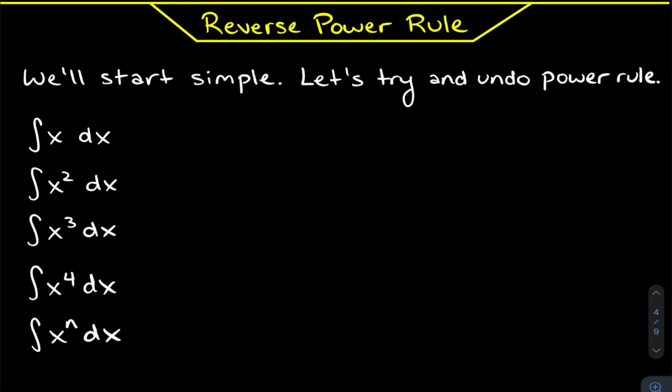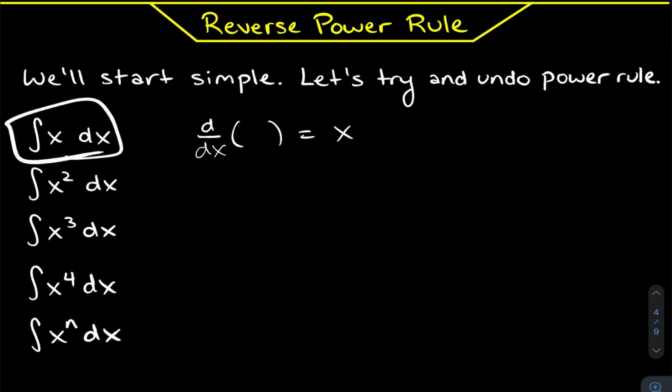What that means, again, is that we are trying to reverse the derivative that's been done to get x. And another way to say that would be the derivative of what is going to give us x. That's what this thing says. And so, well, let's answer that. The derivative of what gives us x? Well, let's think.